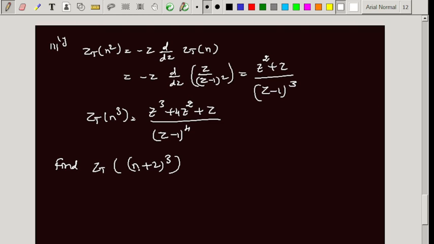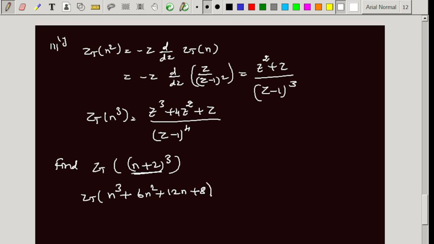First we must apply the formula for a plus b whole cube. Sorry, power 3, n plus 2 whole power 3. We can write it as n cube plus 3 into 2, that is 6 n square, plus 12 n plus 8.